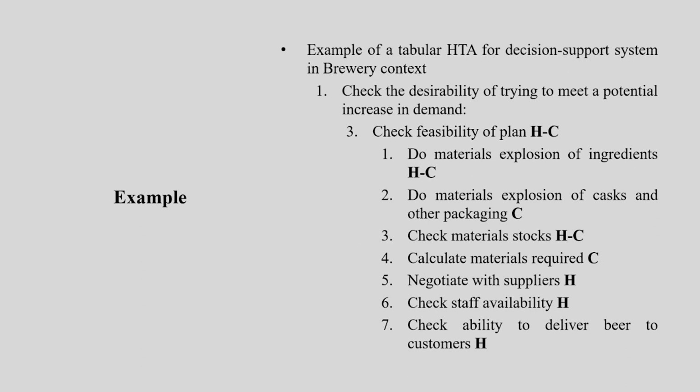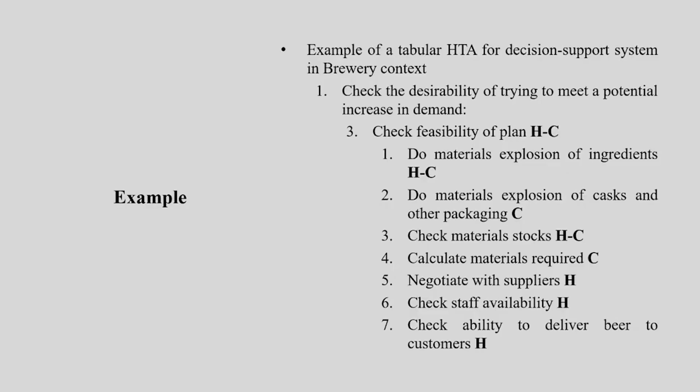Here, for the feasibility plan checking, of course human is more powerful to change the permutation and combination. For material explosion, human computer, where human is more, and for the casks and other packaging, we need to rely on the computer because the machine is going to work on this. Material requirement, definitely we need to depend on the machine, because how much material is required for that particular packaging, only the machine can tell us.